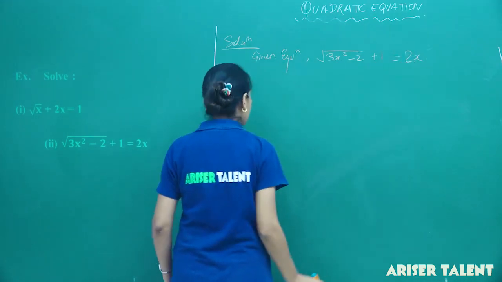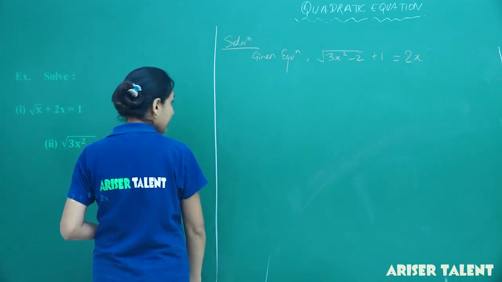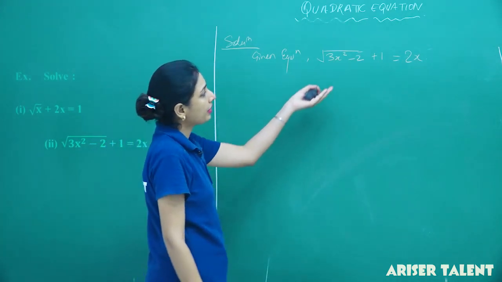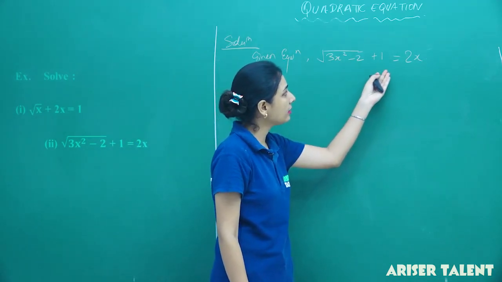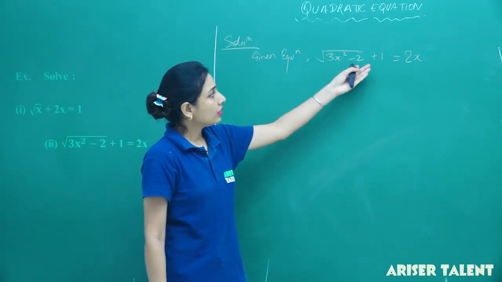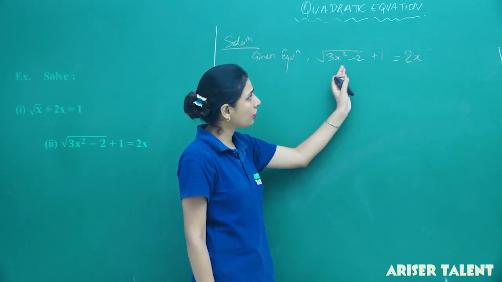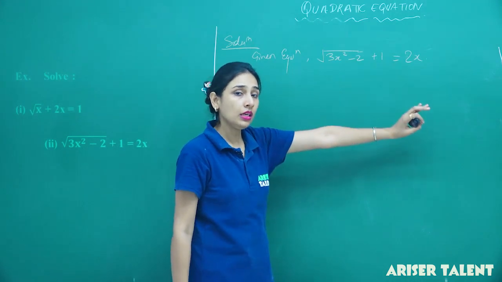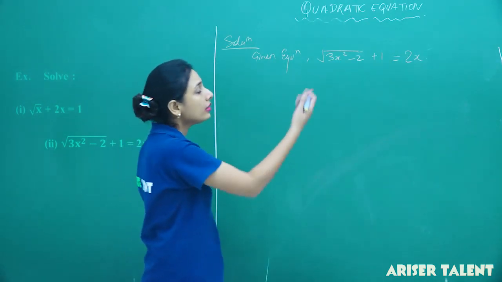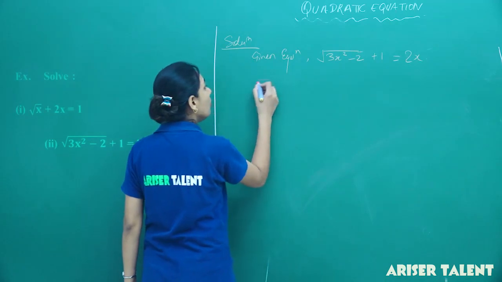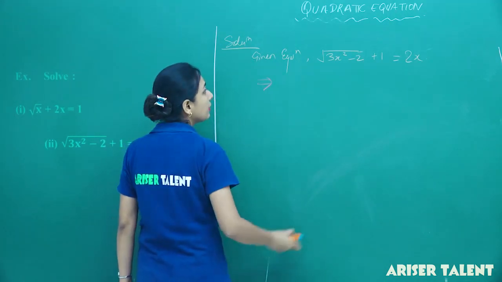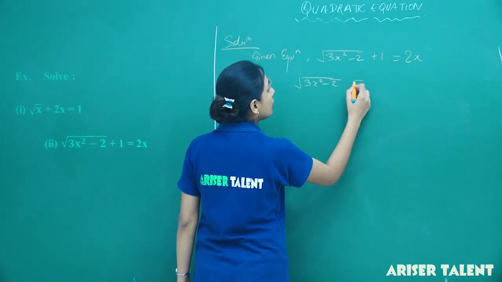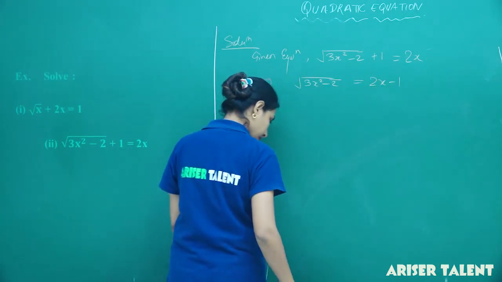Now students, if you have some term which is subtracting from or adding to the term having the root, what you do is just transpose all the other terms to the other hand side. That will give you root of 3x square minus 2 equals 2x minus 1.